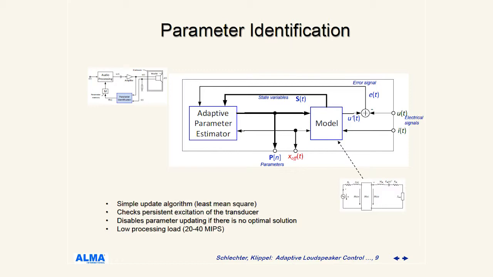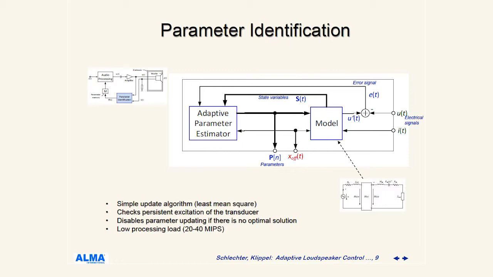So we need a good excitation signal. Currently, we do this with an initial identification to get proper parameters of a loudspeaker with some noise signal, and later on you can live with any music signal, but you might need to reduce the parameters which are updated.